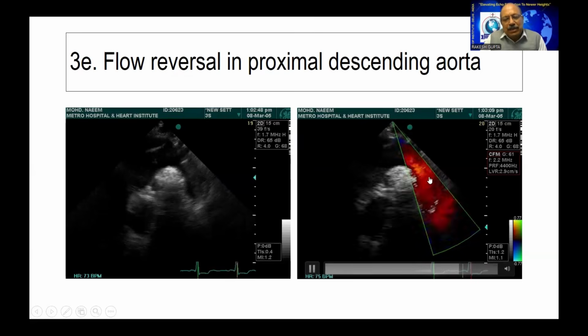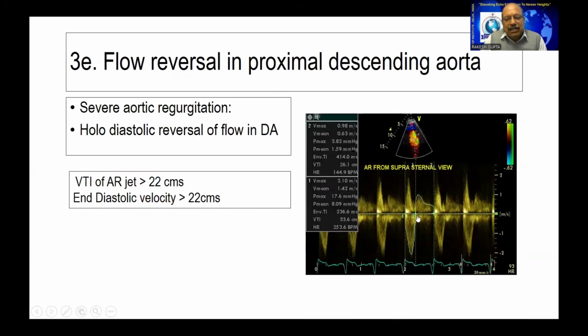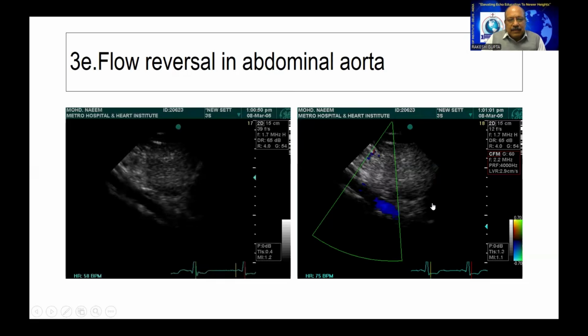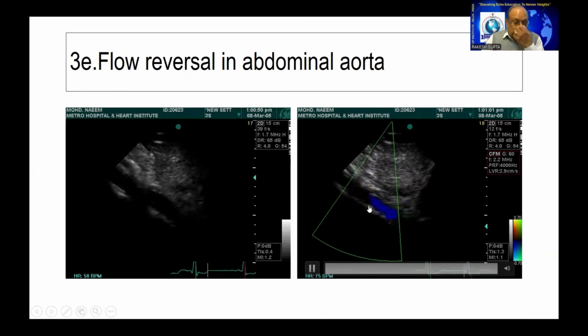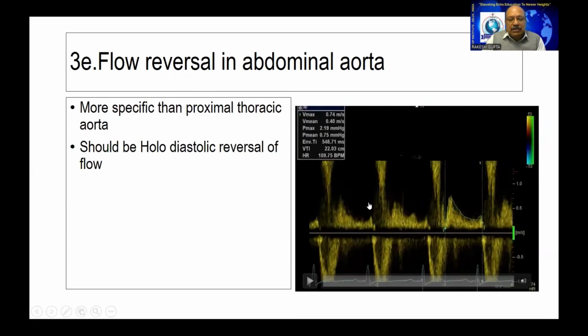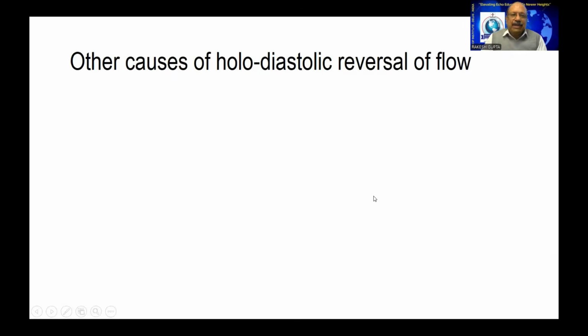Put a sample volume in the descending aorta. If there's a holodiastolic reversal of flow in the descending aorta, it means we are talking of severe aortic regurgitation. VTI 22 and diastolic velocity 22. And sometimes we put it in the abdominal aorta to see a reversal of flow in the abdominal aorta.